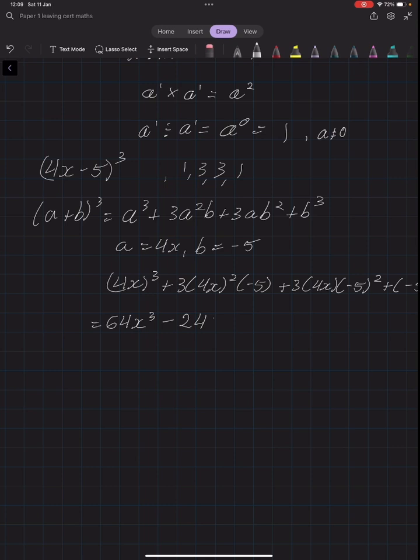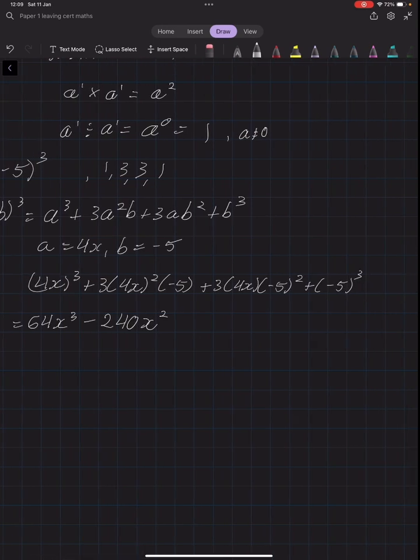So it's minus 240x squared. Minus 5 squared, that's 25. 25 multiplied by 4x is 100x. 100x multiplied by 3 is 300x. And then minus 5 cubed is minus 125.